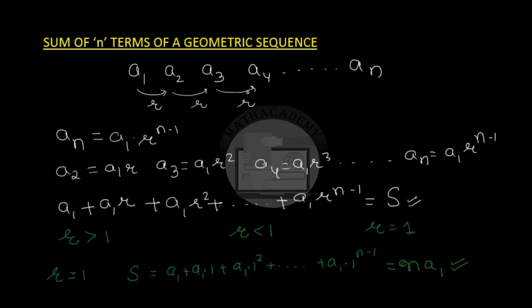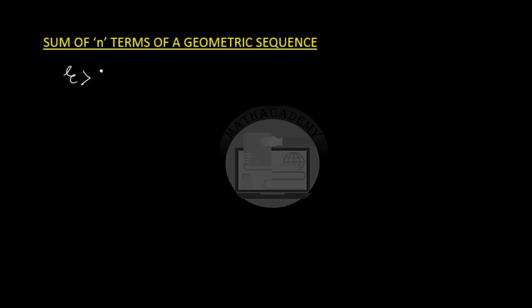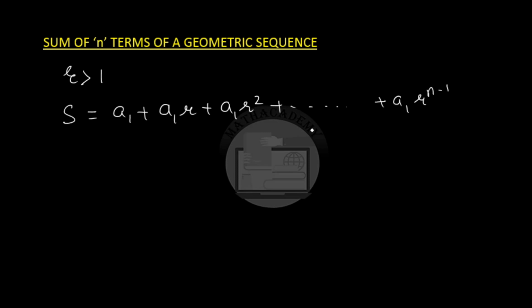Now let us see what happens when r is greater than 1. When r is greater than 1, we will find s as a1 plus a1r plus a1r square plus and so on a1 r to the power n minus 1. This is equation 1. We multiply this entire equation by r.